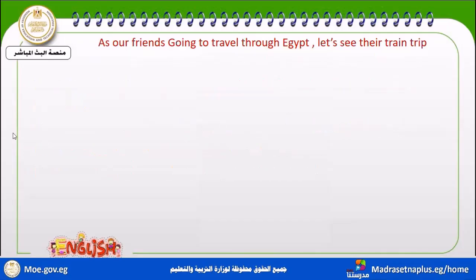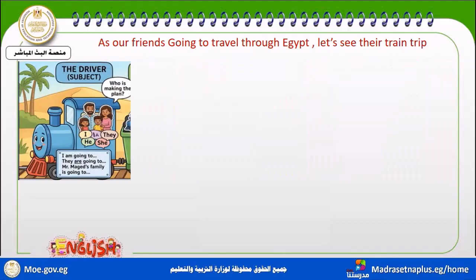Now we have our friends going to travel to Egypt, and they are going to take the train from Cairo to Aswan. So let's see how their trip is going to go and why.